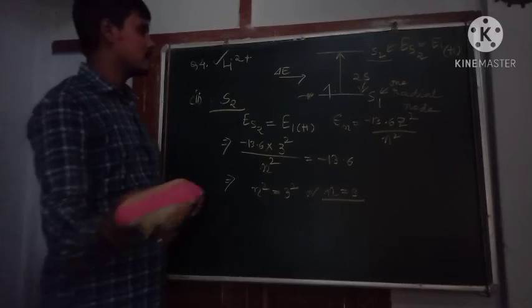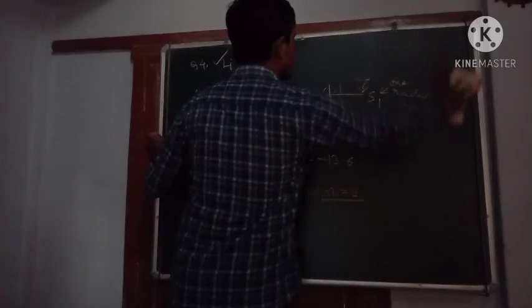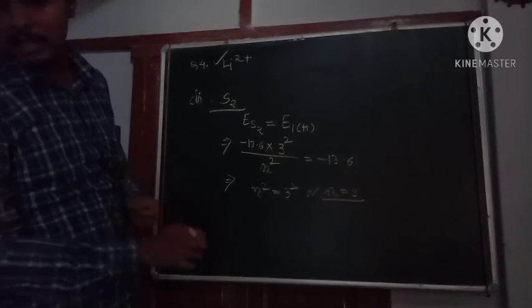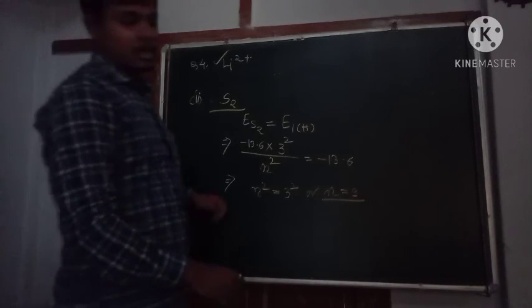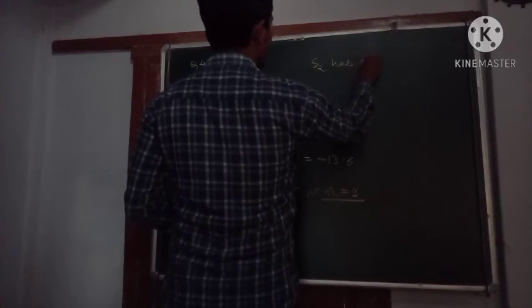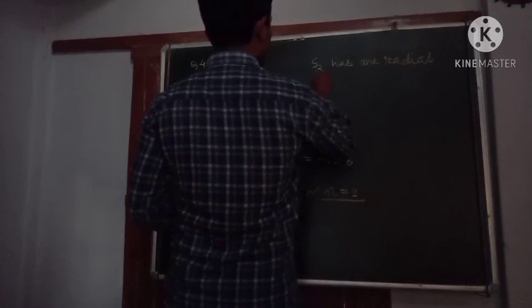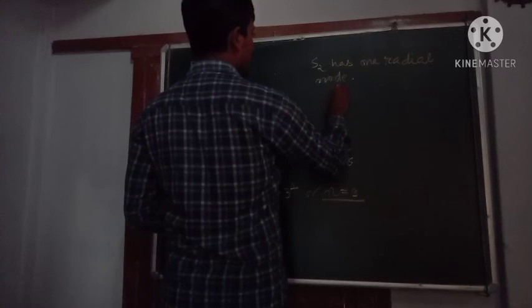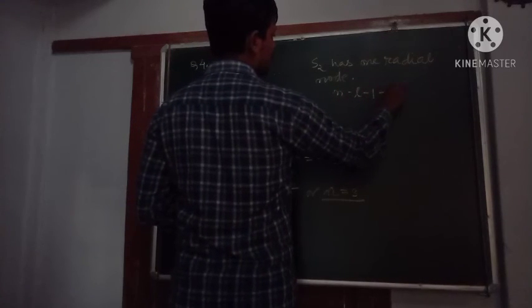Now the next thing that is given to you in the question is that S2 has one radial node. That means n minus L minus 1 equals 1.